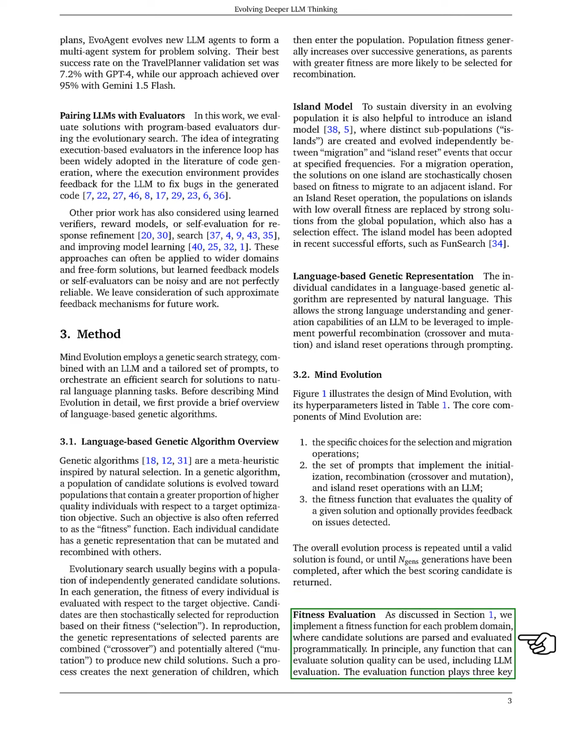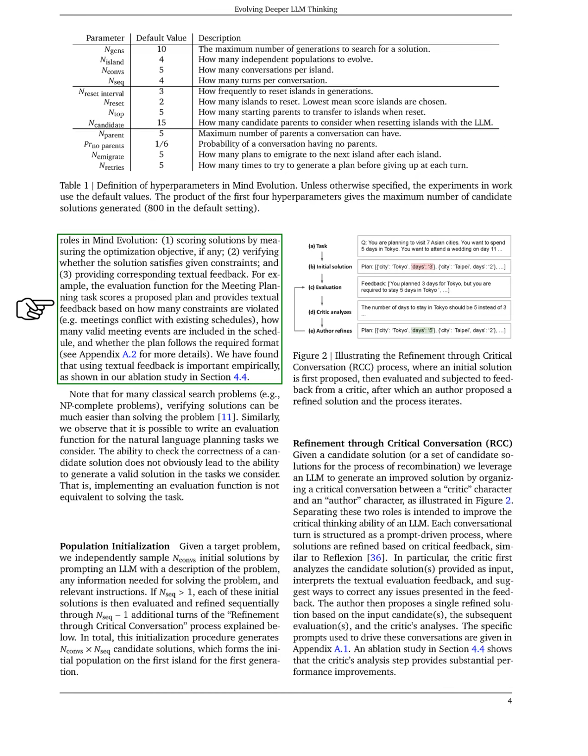For fitness evaluation, we implement a function tailored to each problem domain, parsing and evaluating candidate solutions programmatically. This function serves three main purposes: scoring solutions based on the optimization objective, verifying if solutions meet constraints, and providing textual feedback.